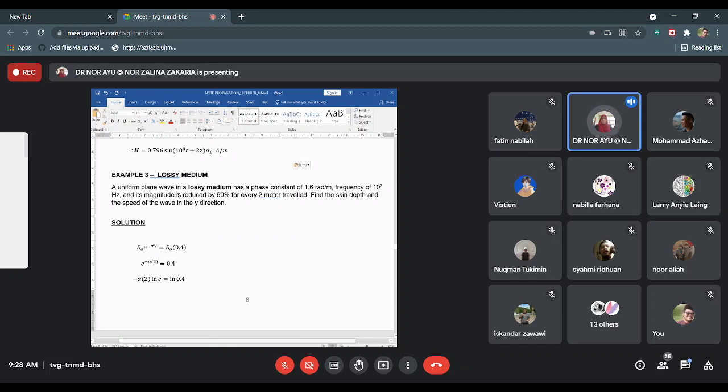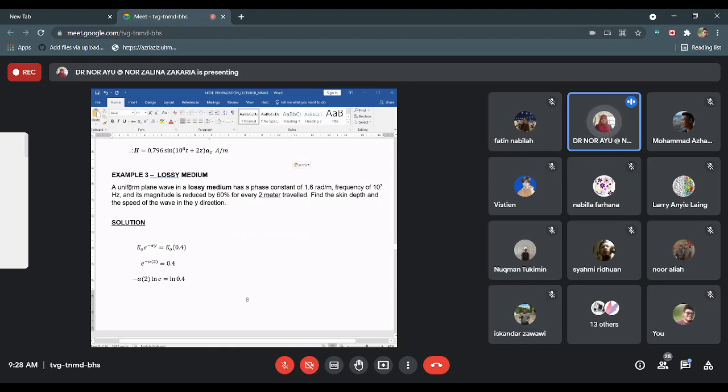Its magnitude is reduced by 60% for every 2 meter travel. So the amplitude is reduced 60% for every 2 meter travel. Find the skin depth and the speed of the wave in the y direction. So this is a bit different.